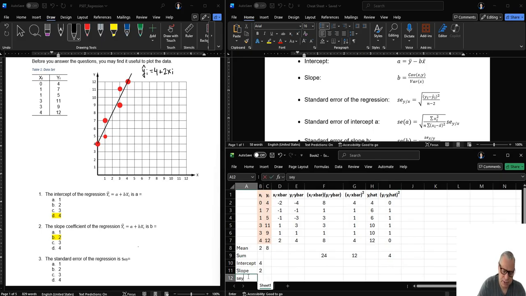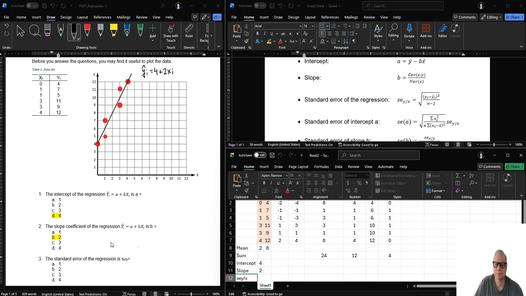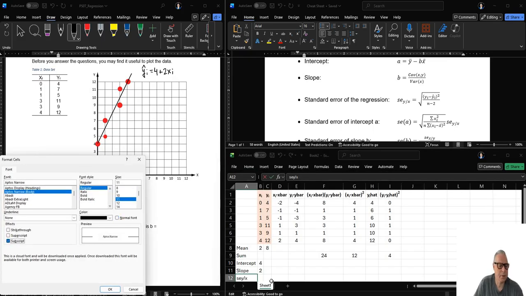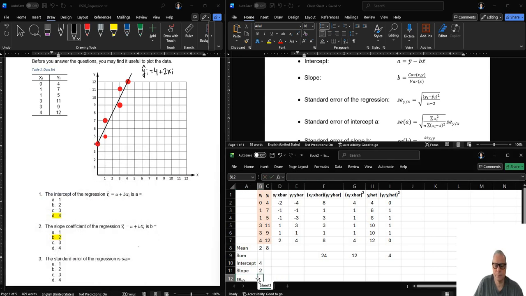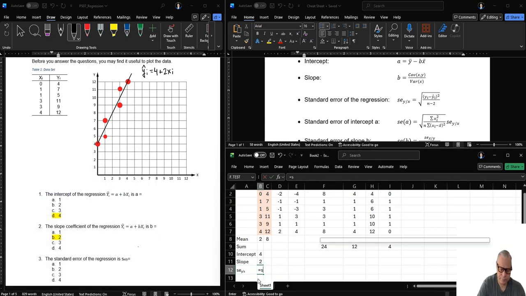So the standard error of the regression is equal to the square root of all the deviations of the actual y from the predicted divided by 6 minus 2.